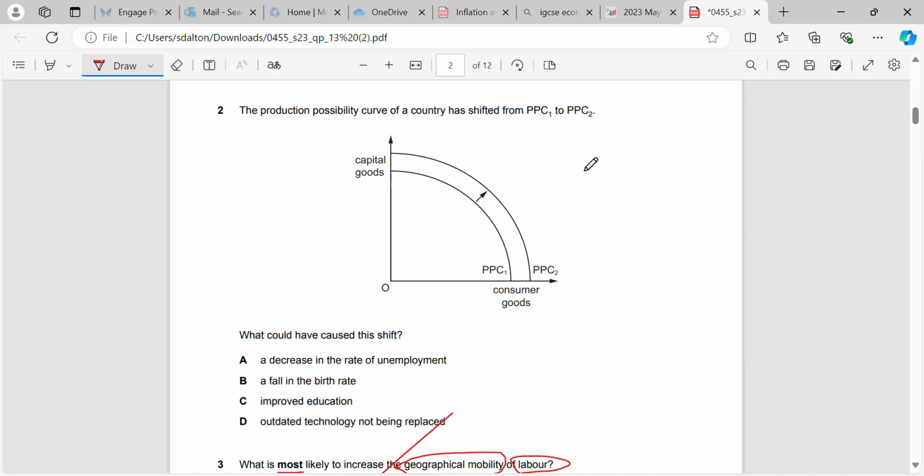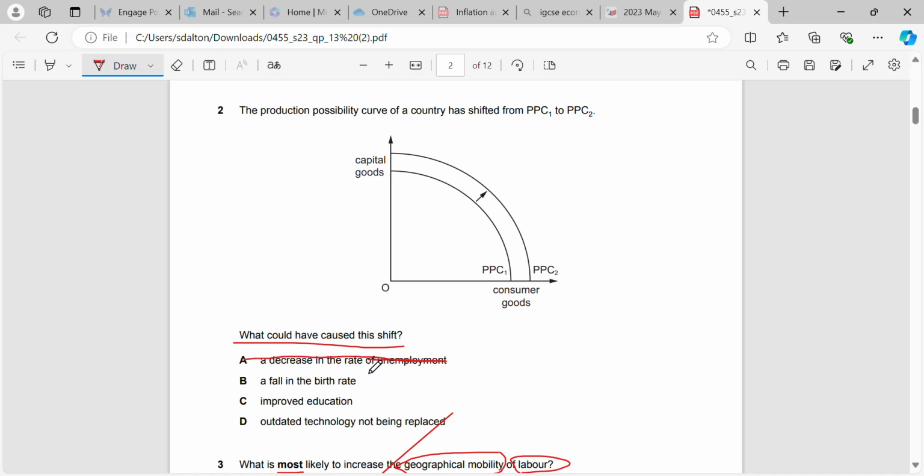Okay, we're nearly there. Production possibility curve of a country is shifted from PPC1 to PPC2. What has caused the shift? If you watched QP12, I said that when we shift the PPC, it's an increase in the quantity and or quality of resources. Okay, so we need to look for, without looking at A to D, something that will increase quantity and or quality. Okay, decrease in the rate of unemployment.